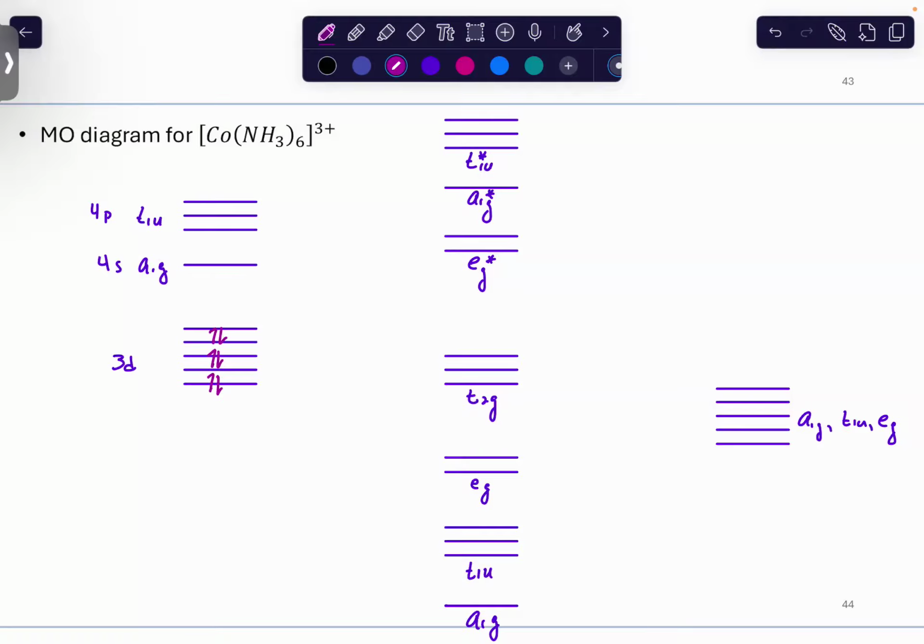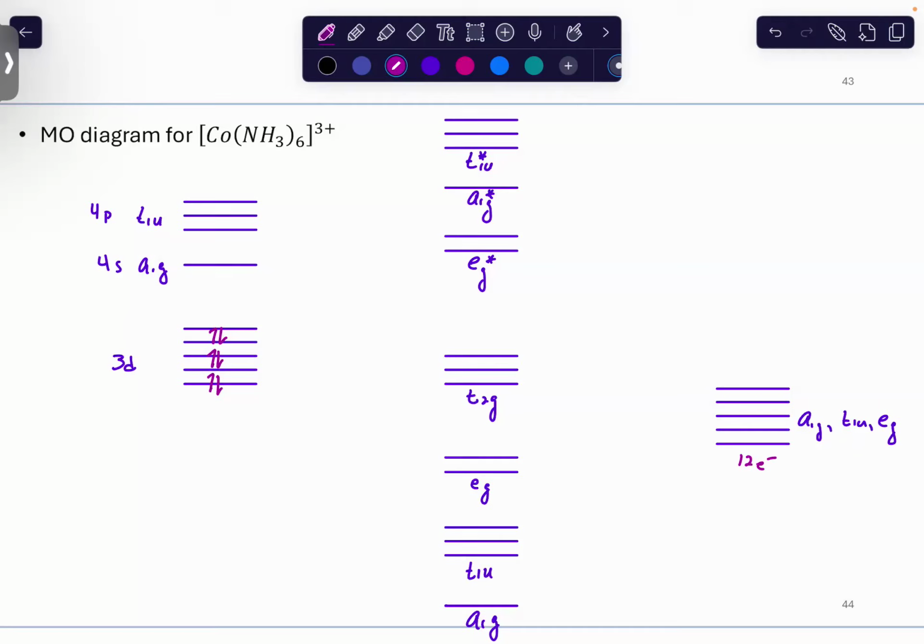We know those other levels aren't going to contribute because they're empty after becoming a cobalt 3. And then you're going to get a total of 12 electrons from over here. Okay. And you can already kind of see what we refer to as the 18 electron rule.